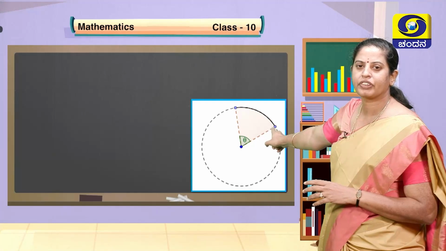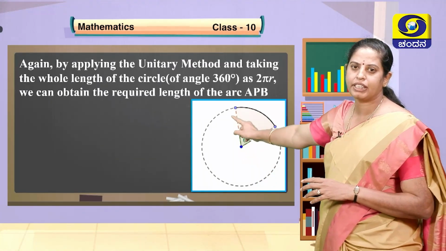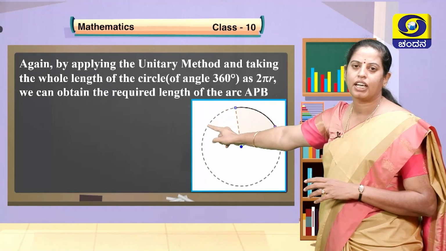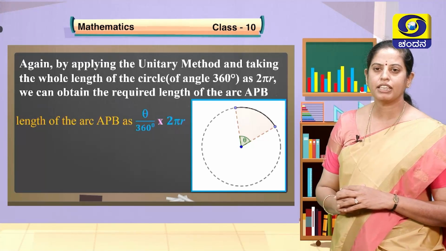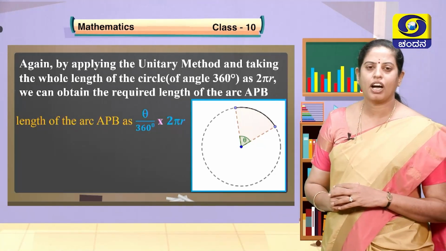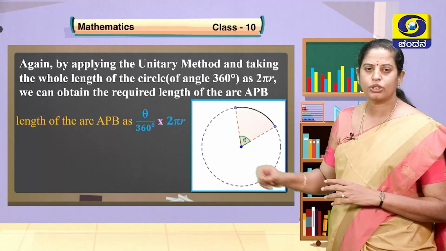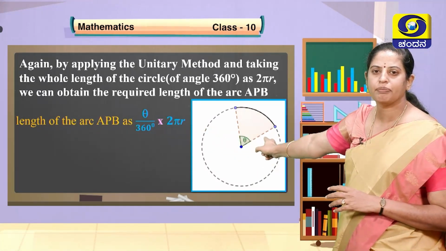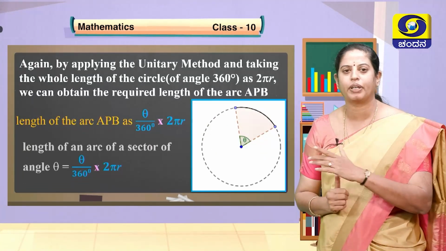Divide the circumference into 360 parts; each part of the circumference gives the length of the arc with 1 degree measurement. So, the length of the arc APB is theta by 360 into 2 pi r.